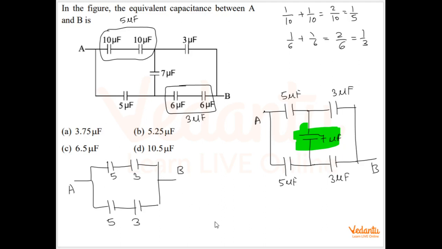Now beta, the equivalent of 5 and 3 will be 1 by 5 plus 1 by 3. That will just be equal to 8 by 15. So the equivalent of 5 and 3 beta will be 15 by 8. I will draw that. A, 15 by 8 and 15 by 8.